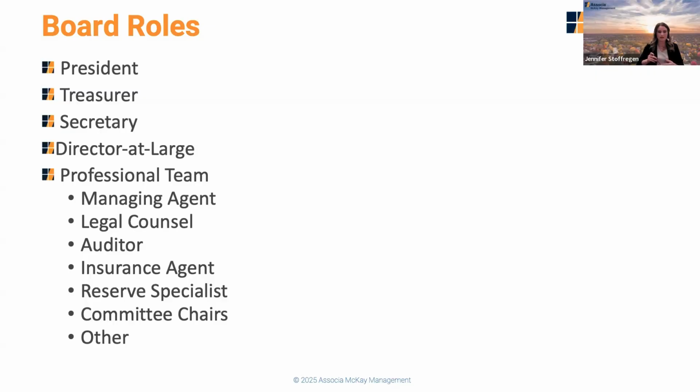And then finally, any additional members outside of those main 3 would be directors at large. The directors at large would take on roles such as committee chairs or project leads, making sure that those projects are taken care of and addressed correctly, coordinating with any homeowners on those committees and projects, and then reporting back to the association.